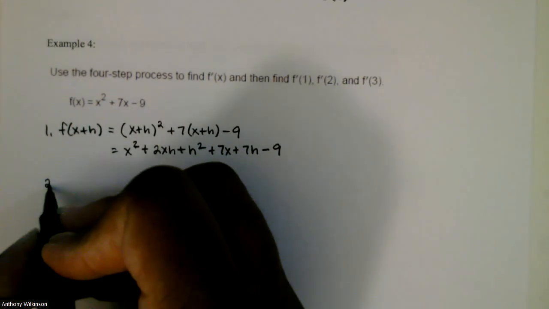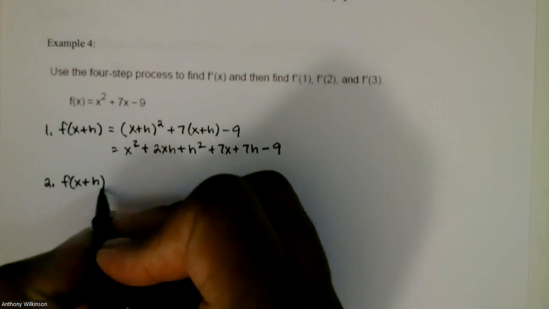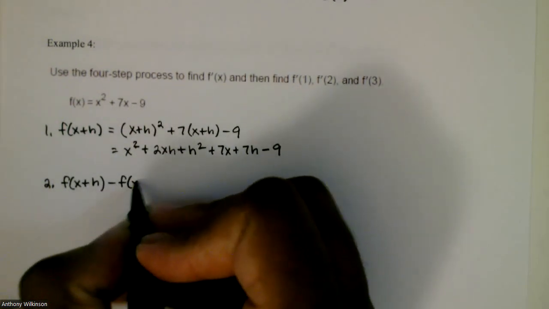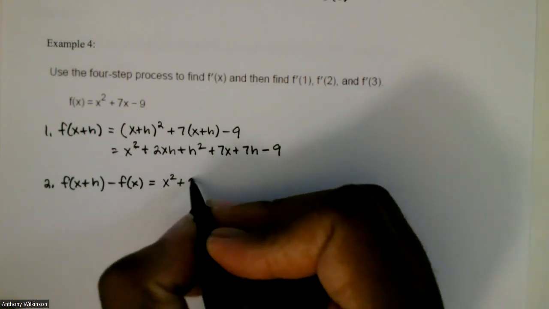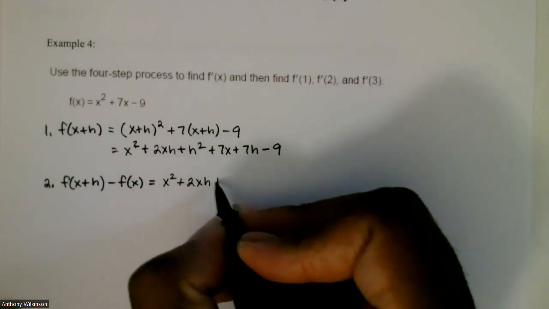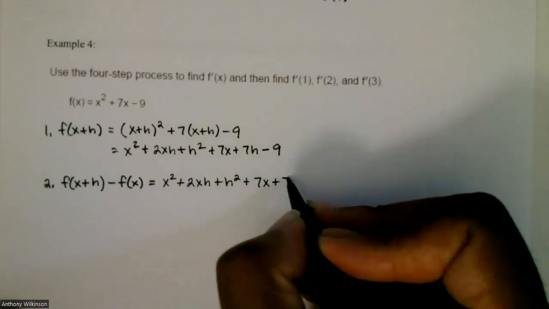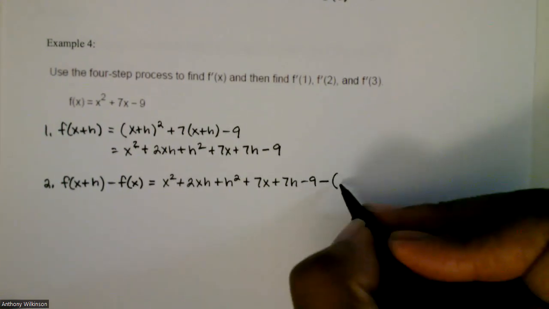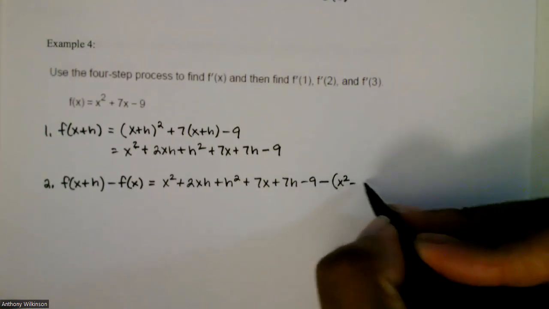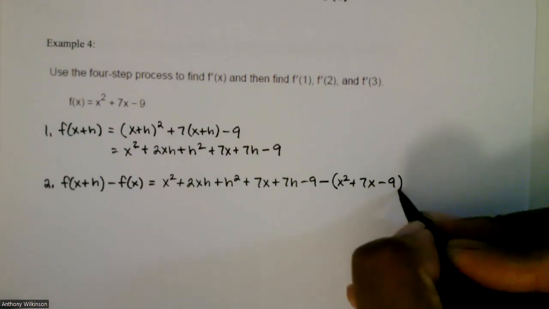Step number 2 is to take that f of x plus h and subtract f of x from it. So that means I'll write down that x squared plus 2xh plus h squared plus 7x plus 7h minus 9, and then minus, in parentheses, what f of x is: x squared plus 7x minus 9.